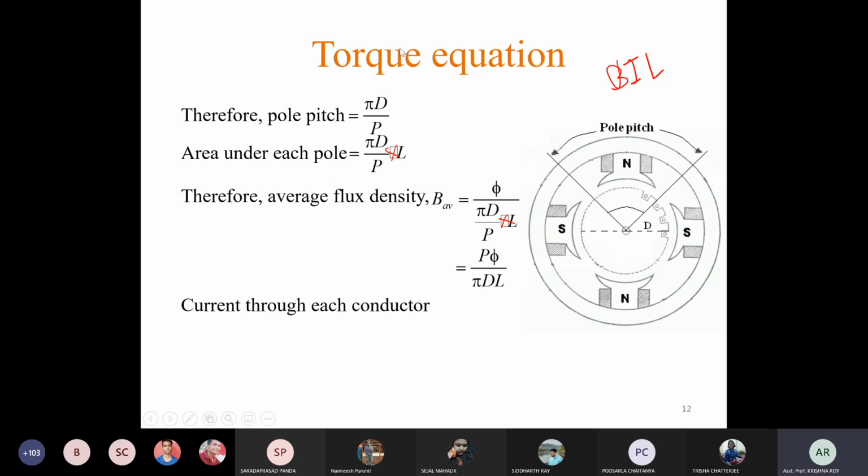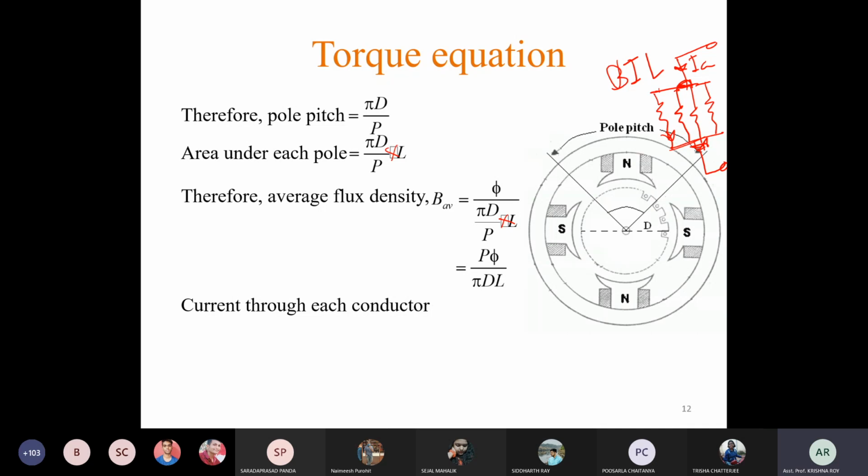Now, current through each conductor. Suppose there are 4 parallel paths. If the armature current is IA, what will be the current through each path?